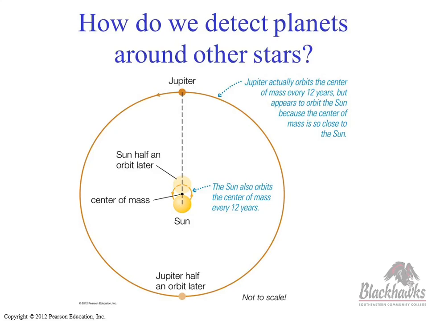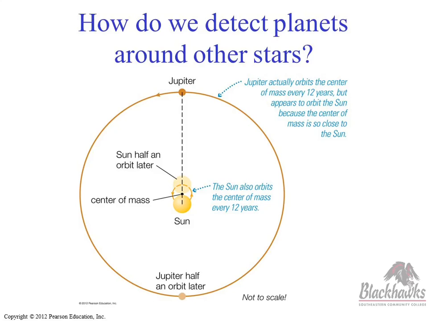Well, actually, closer to home, our own sun, can you see the sun kind of wiggling? Our own sun wiggles a little bit. I know we said that the sun is at one focus of an ellipse, and all the planets orbit in the shape of an ellipse. But Jupiter tugs at our sun.